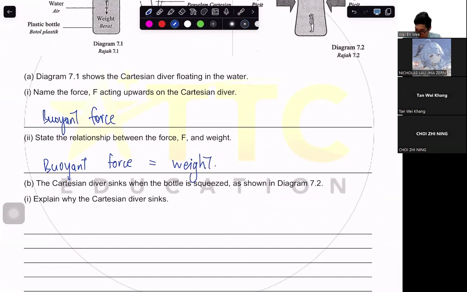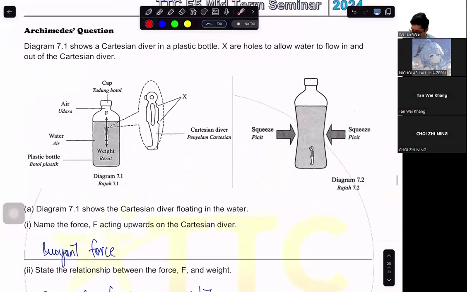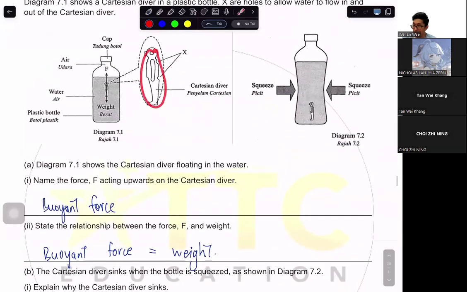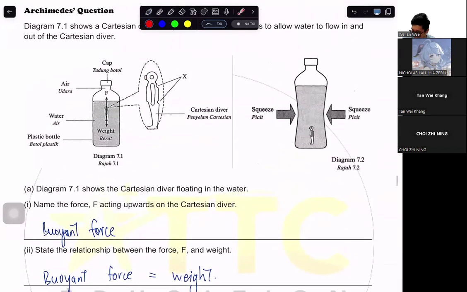Next. The Cartesian diver sinks when the bottle is squeezed, as shown in diagram 7.2. Explain why the Cartesian diver sinks. Right now, inside the Cartesian diver is air. That's why it can float.